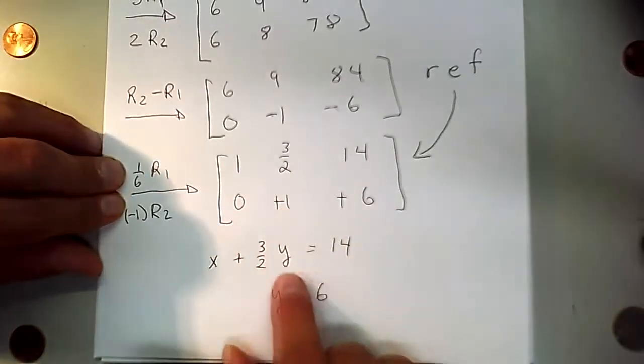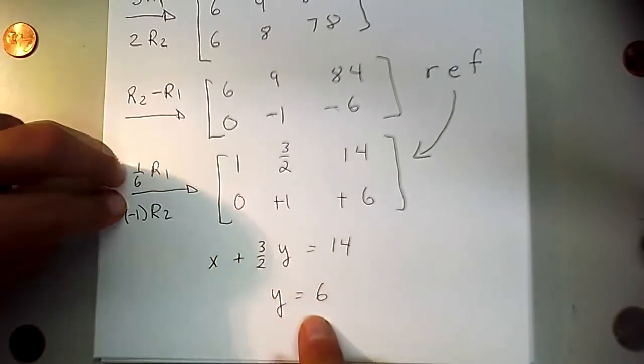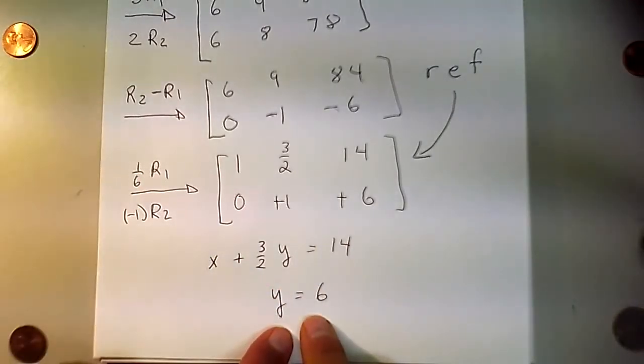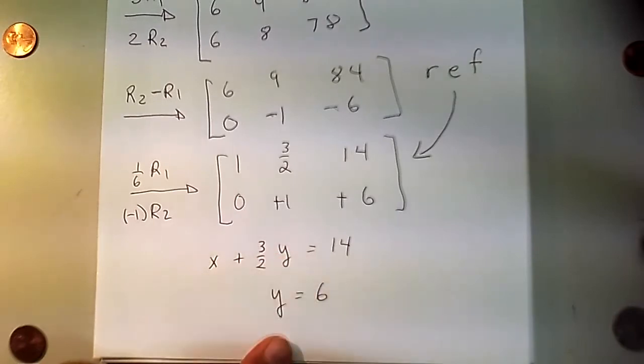So we have one solution already present, and then we can back substitute into the previous equation to obtain the value of x.